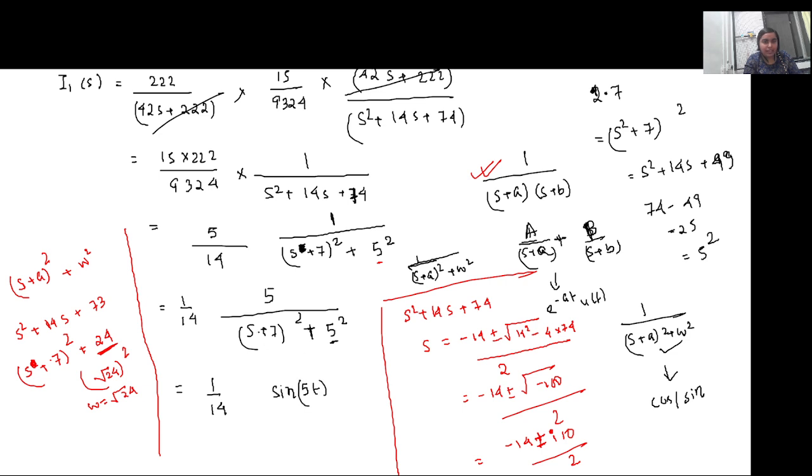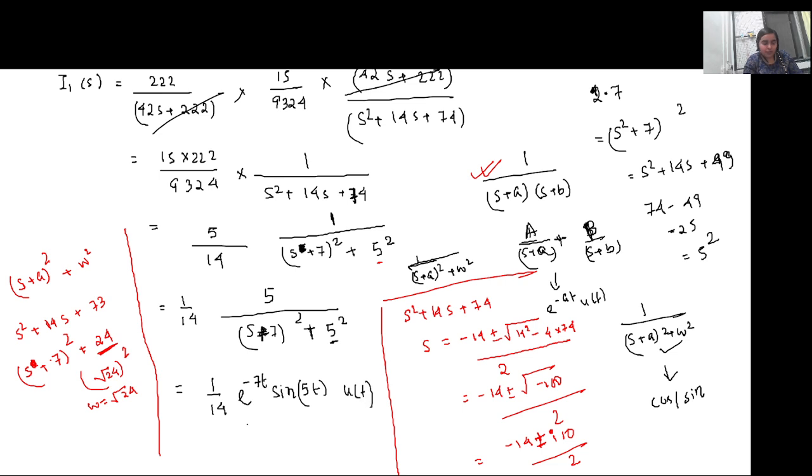Now s is s plus something, right? So it has to be multiplied by e to the power minus at, right? So here a is equal to 7. This is fine.